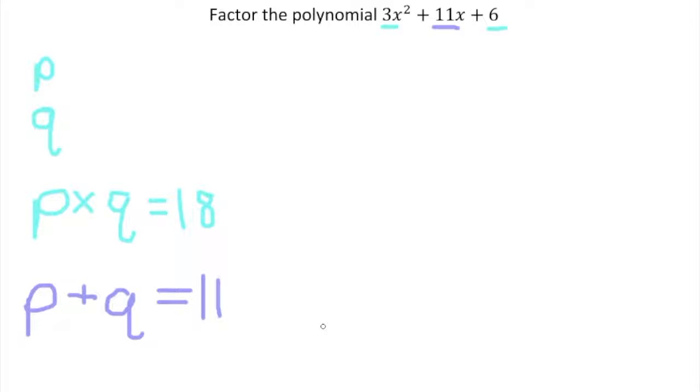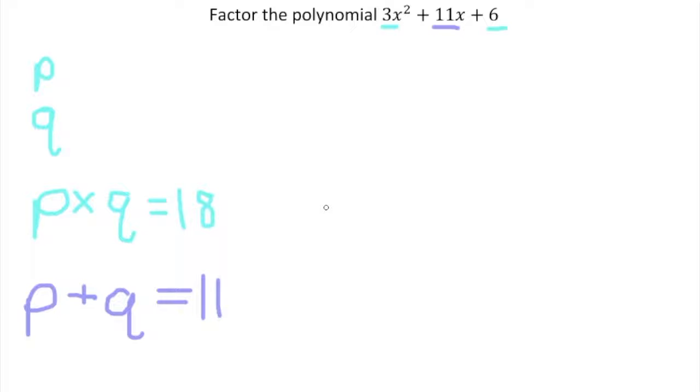So this is kind of like when you do factoring without a coefficient in front of the first term, where we're looking for what multiplies to something and adds to something. We're doing the same kind of process here. What multiplies to 18 and adds to 11?